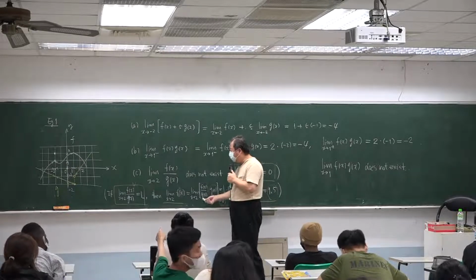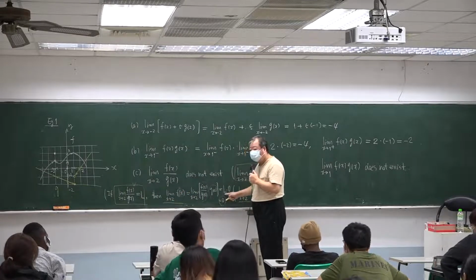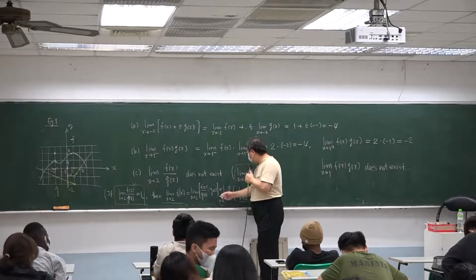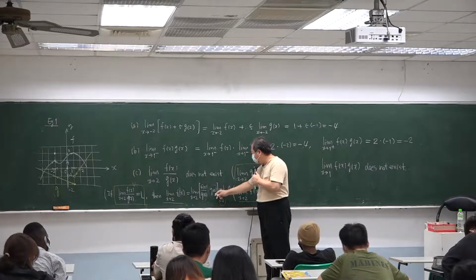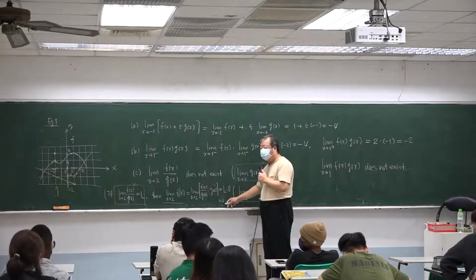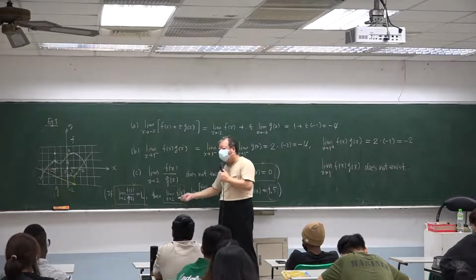The limit of this one already supposed to be L. And we already have the limit of g at x equals 2 is 0. So we would have this one.